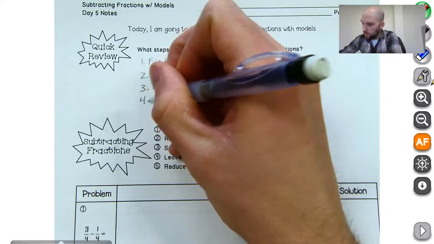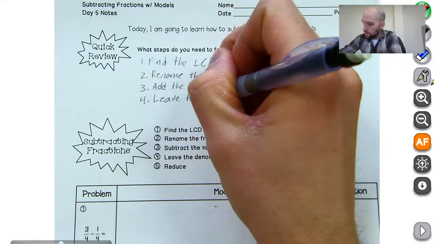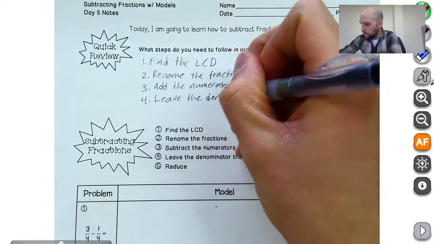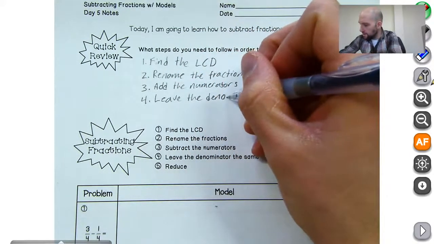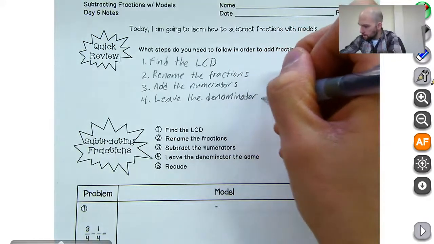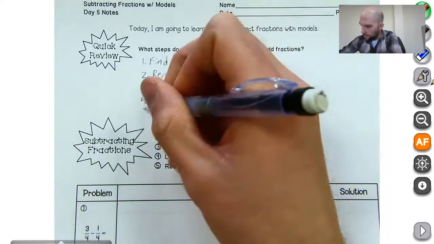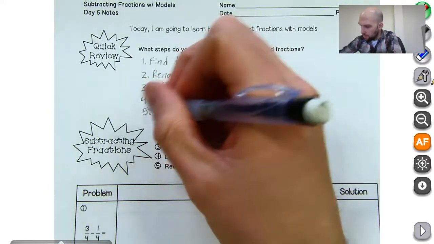And then we're going to leave the denominator the same. We never add the denominators together. And then we're going to finally reduce to simplest form.